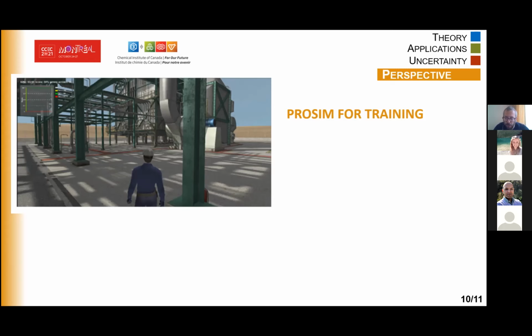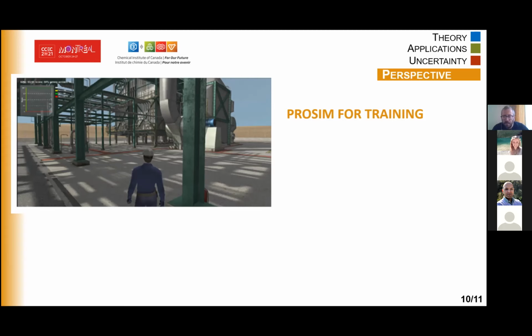The picture that you see is taken from the program iSim, which is a pilot program that we started at the University of Milano to teach students how to work in a real simulated environment, very close to reality.